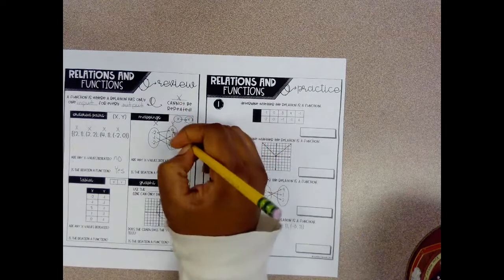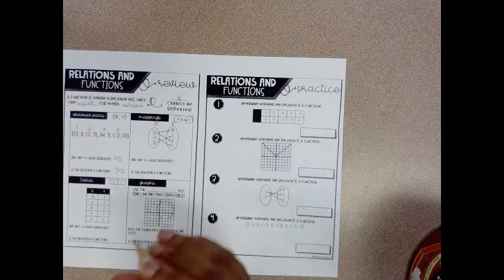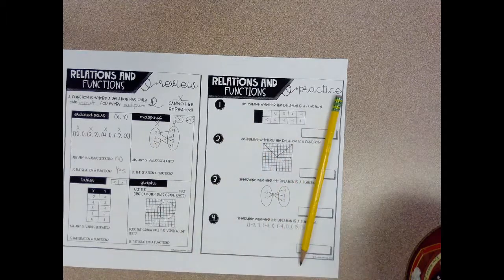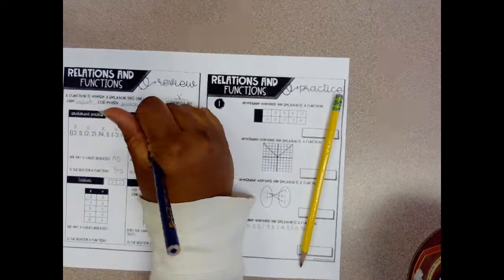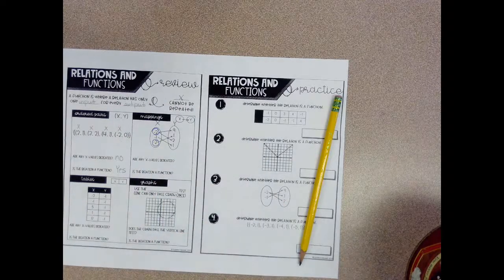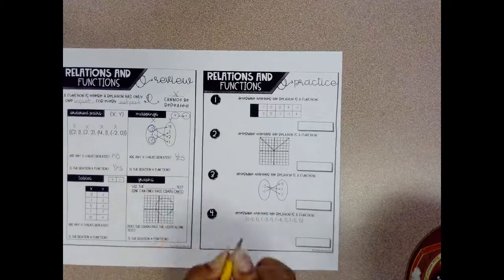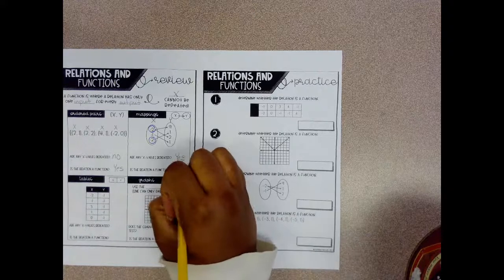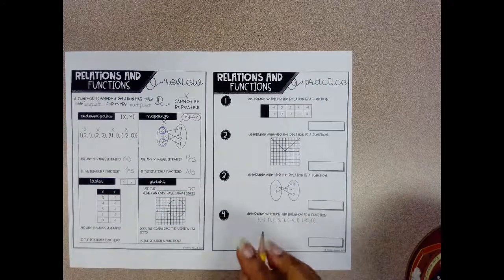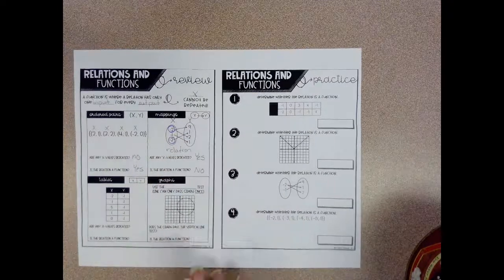My y values are 9, 1, 2, 1. Are any x values repeated? Well, if we look closely, I have -2 and -2. So yes, we have some repeating x values. So is this relation a function? No, it's not a function. We would just call it a relation.